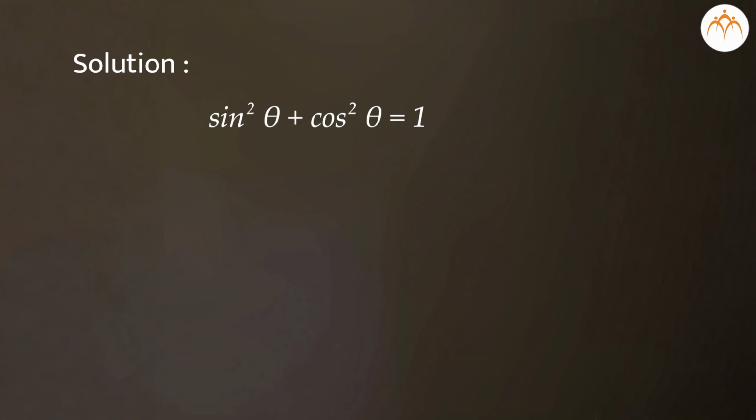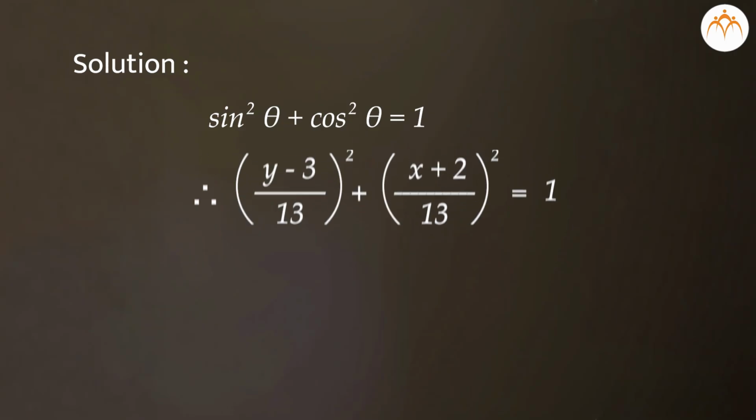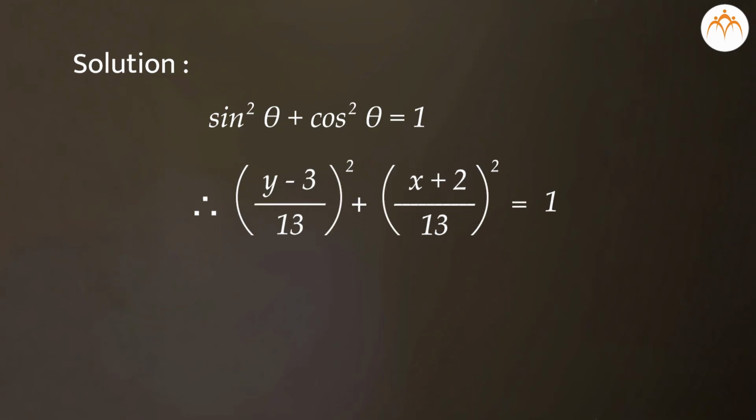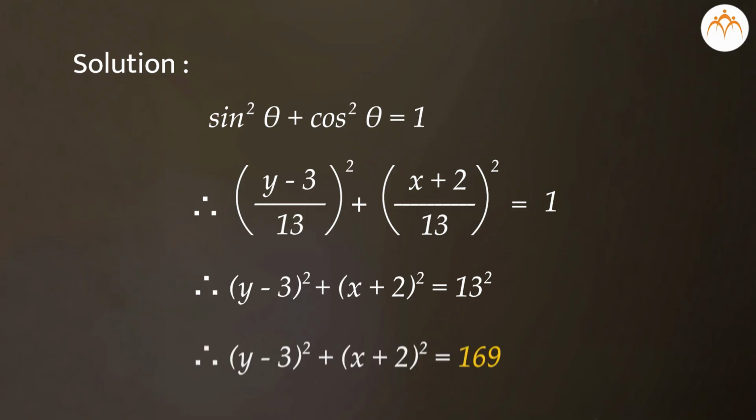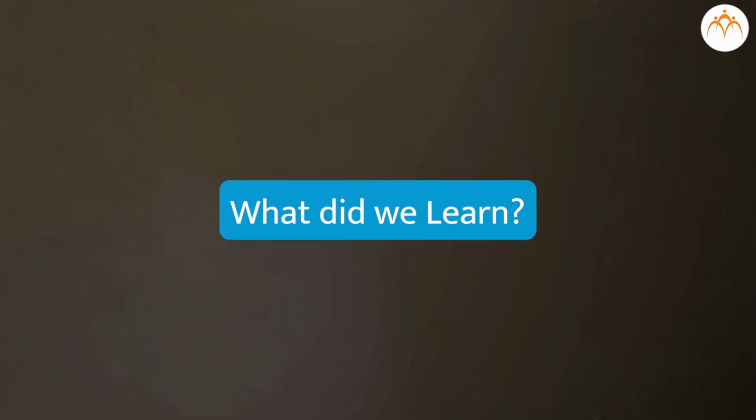Now, sin square theta plus cos square theta is equal to 1. Therefore, (y minus 3 upon 13) square plus (x plus 2 upon 13) square is equal to 1. Therefore, (y minus 3) square plus (x plus 2) square is equal to 13 square, which is 169.